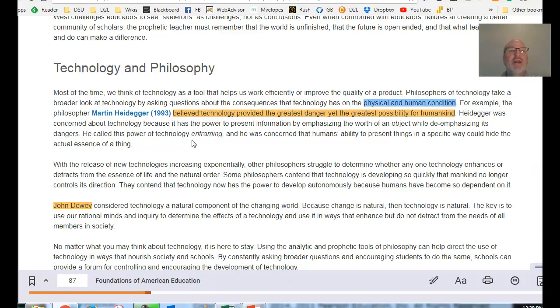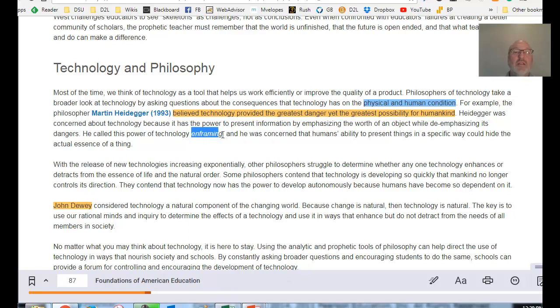For example, the philosopher Heidegger believed, okay, 1993, that's not very long ago, technology provided the greatest danger, yet the greatest possibilities for humankind.